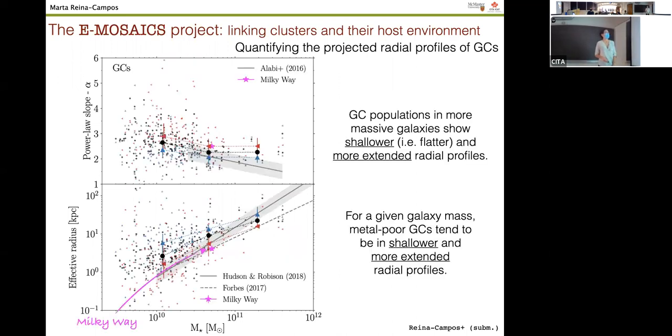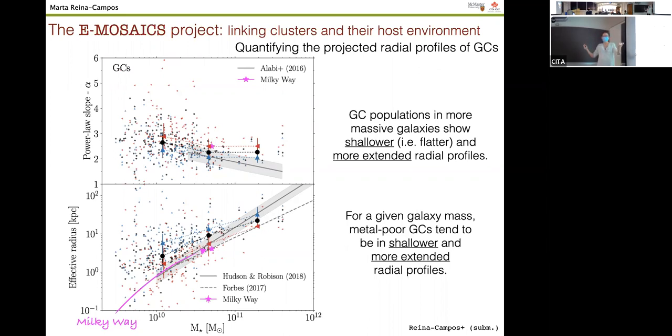So when I quantify the radial profiles for my entire globular cluster populations, which are shown here in black, but also if I split them by metallicity, so blue dots correspond to metal poor globular cluster populations and red dots to metal rich ones, I'm seeing two trends. The first one is that globular cluster populations hosted in more massive galaxies show shallower slopes, because we see that the slope decreases, and more extended radial profiles.